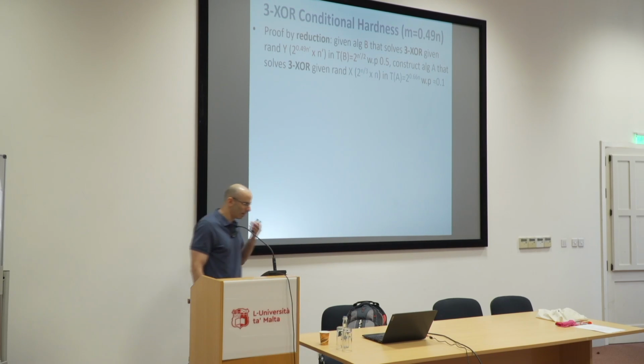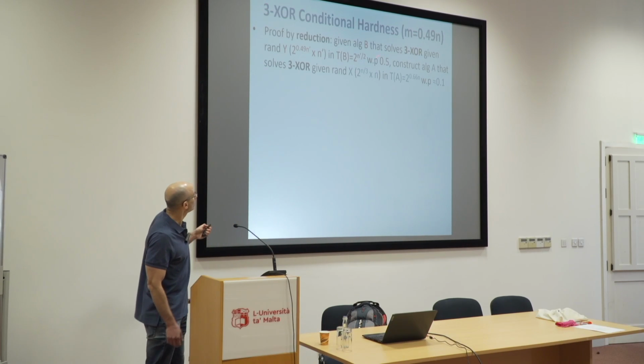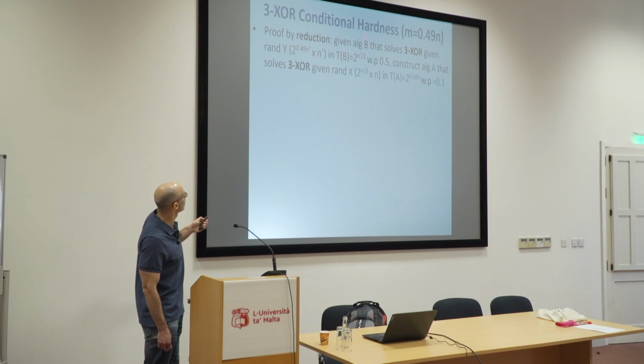So we assume again that we're given an algorithm B that solves the 3 XOR given a dense instance with these dimensions and time complexity 2 to the n prime over 2. Let's say that it does so with probability, say, half.